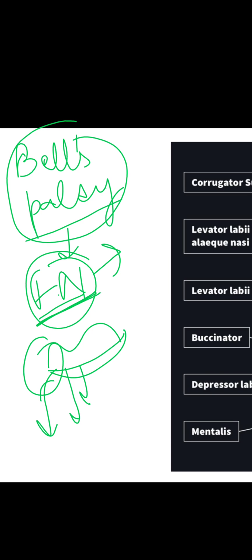Also, since buccinator is not getting its nerve supply, it will not be able to contract. Since it is not able to contract, its function of preventing food accumulation in the vestibule would not be there.